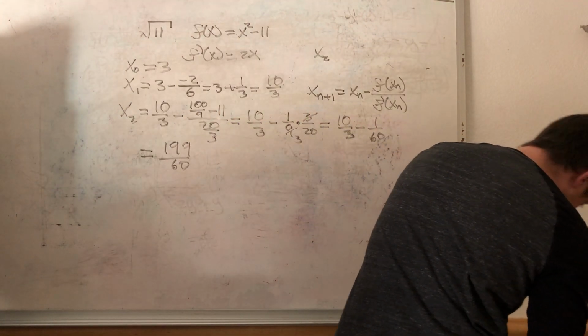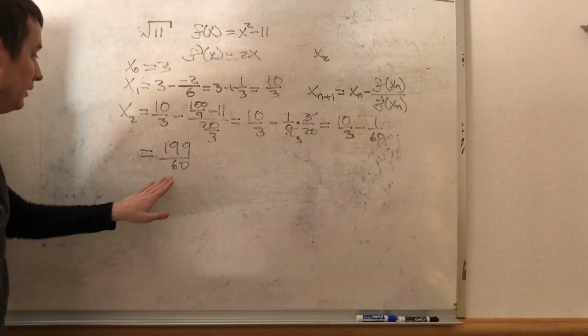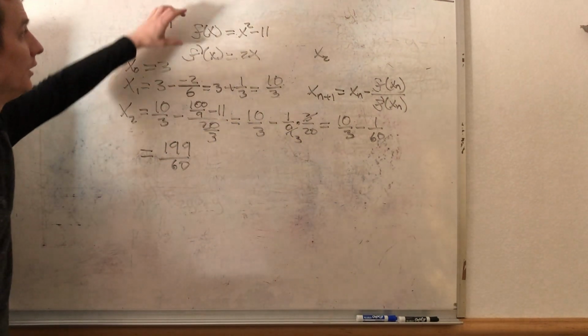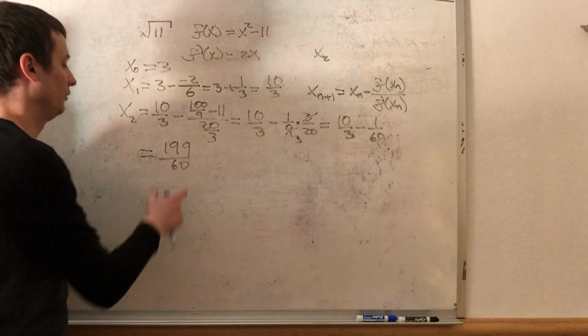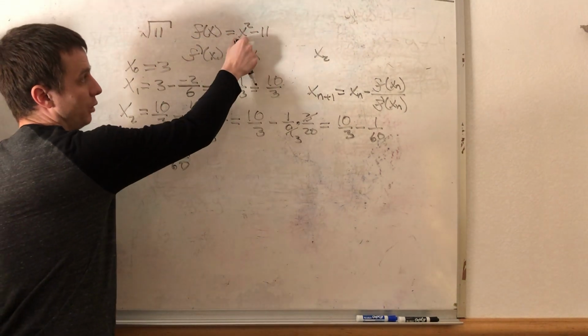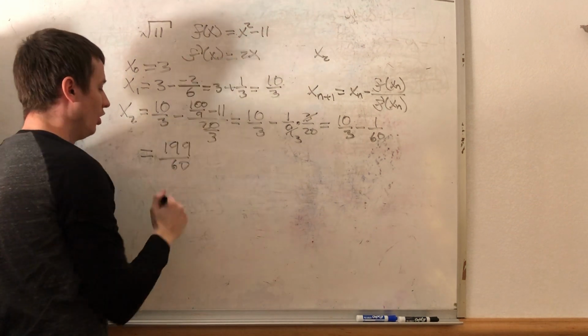And then you were expected to use your calculator to plug 199 over 60 back into this to see that you get something really close to 0. So if I take 199 over 60, plug that in here and then subtract 11, what would I get?